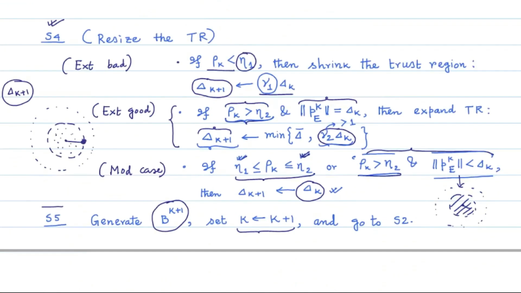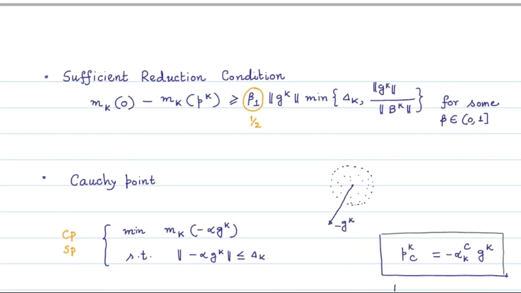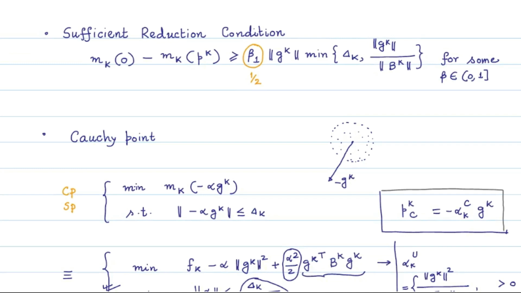Now you notice that if we keep on employing p_k^C at each and every iteration x_k, then we are just following the steepest descent method, because to evaluate the Cauchy step p_k^C we just identify a minimizer of m_k along the negative gradient direction.